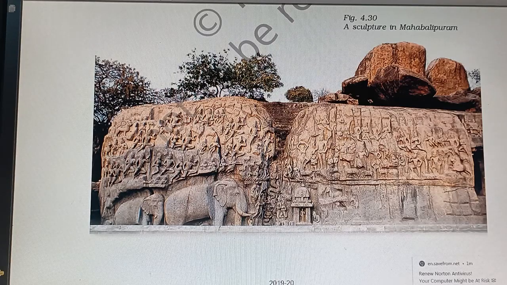So children, we have seen in this chapter how Buddhism developed, and along with Buddhism we also talked about the new group of Buddhists, that is the Mahayana. The earlier group was Hinayana, and we talked about the Puranic tradition where the worship of Shiva and Vishnu became quite popular.